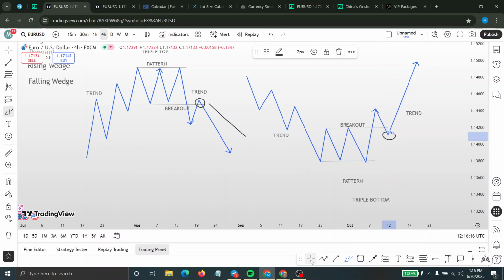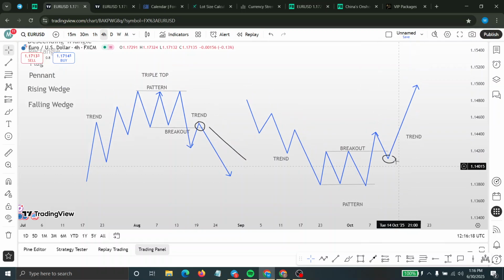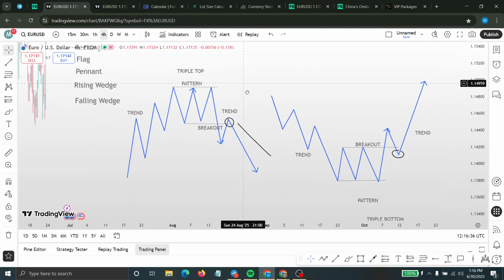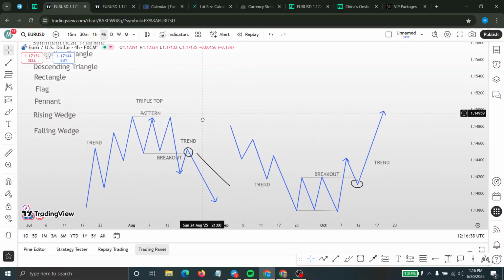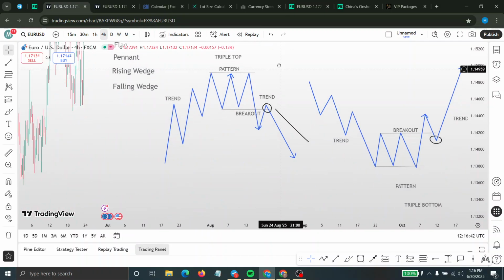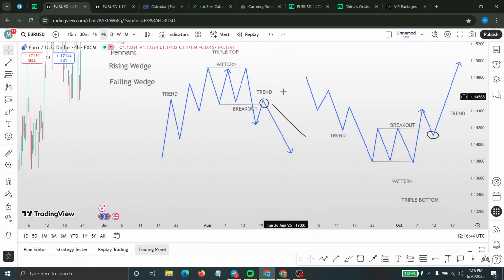So once that retest happens, we've made our entry here, and we are now in line with the new trend. So if you recap on what happened, we notice a trend, a pattern, a breakout to create a new trend. So if they say this chart pattern is capable of reversing the trend, this is what they mean.